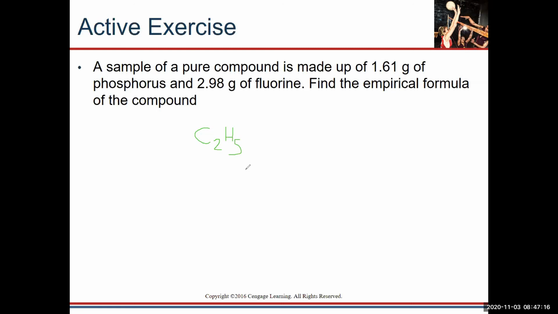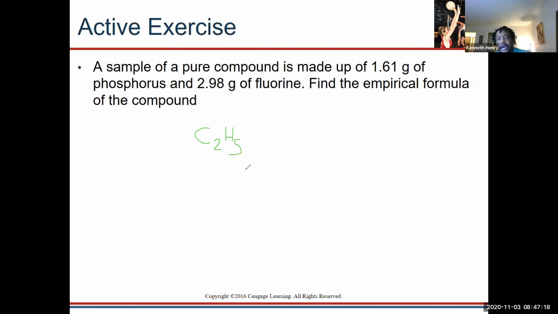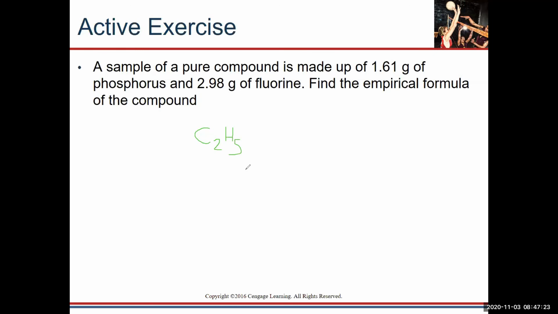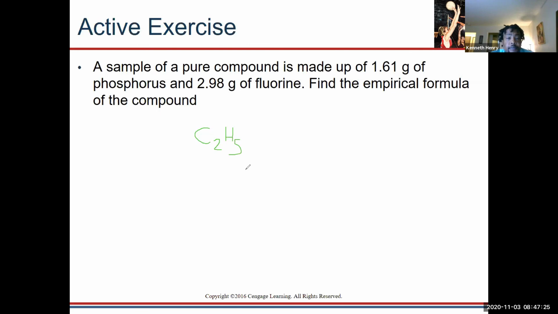No, it's comparing amount. What do you mean by amount? How many atoms of each are in there? So it's quantity, right? So why do I want to stick on mass? That's percent mass. That's not percent quantity, it's percent mass.